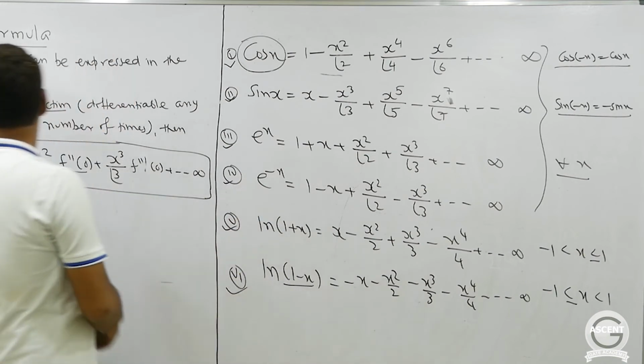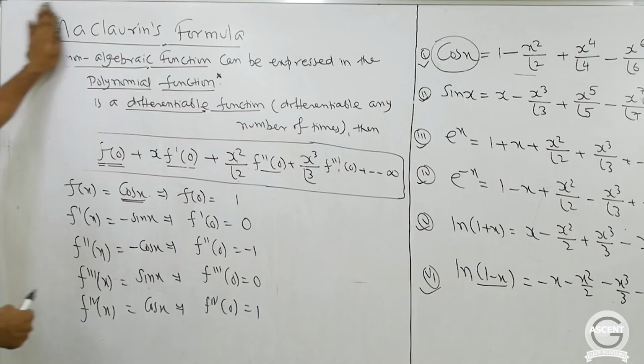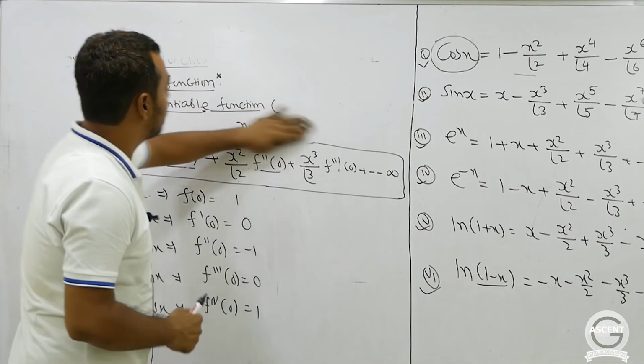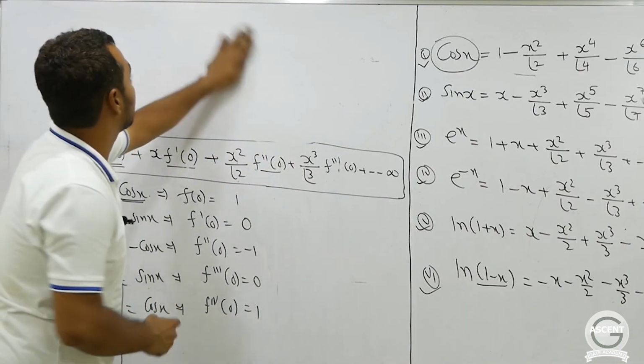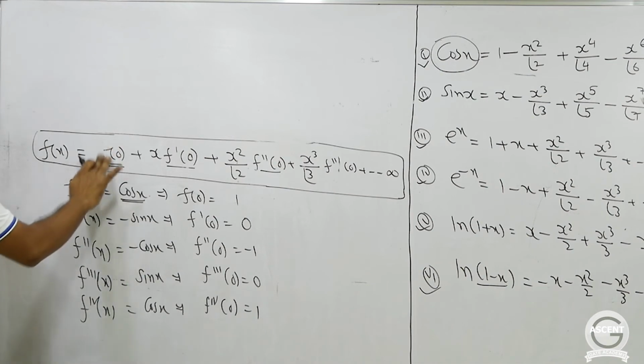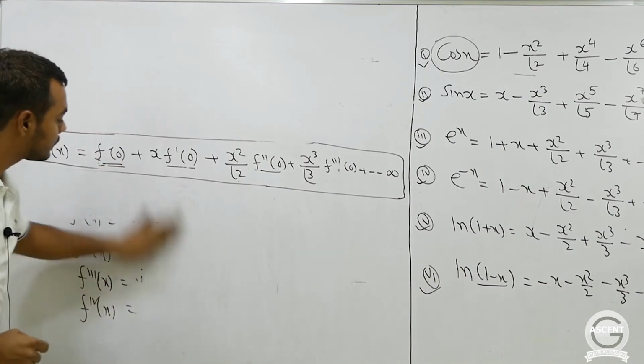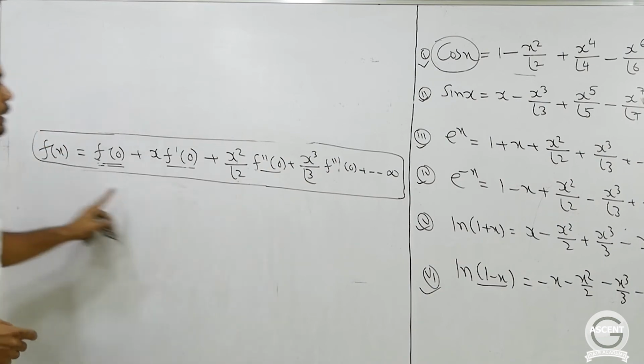So this was all about Maclaurin's formula. Next we have to talk about Taylor series. The formula for Taylor series you can easily remember if you know the formula of Maclaurin series. Okay, in case of Taylor series, this was our Maclaurin series.